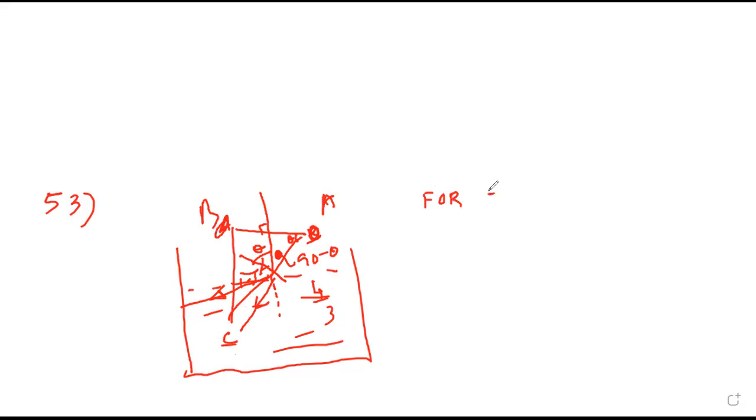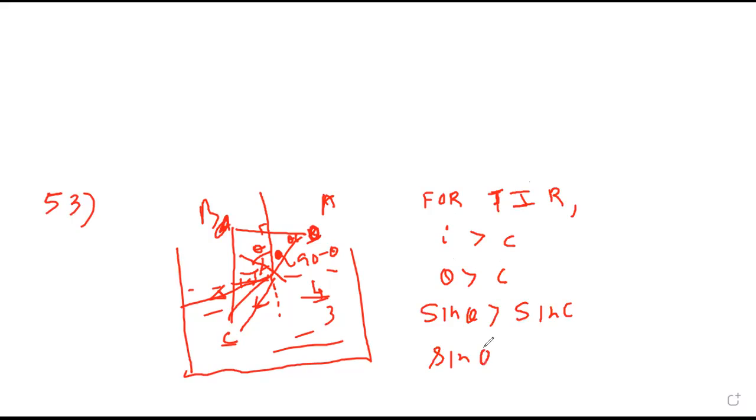For total internal reflection, the angle of incidence should be greater than critical. That is, theta is greater than critical, so sine theta is greater than sine of critical.